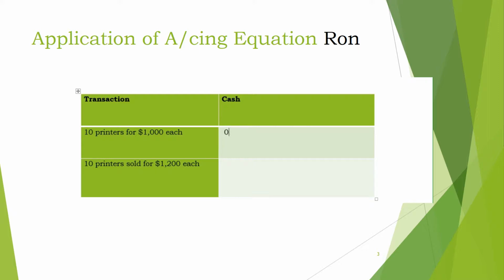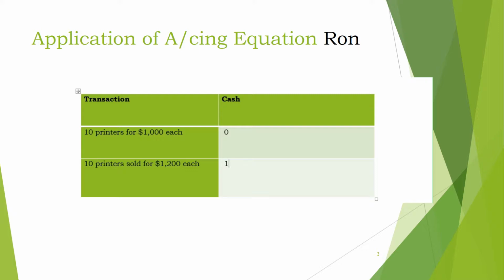Obviously, when you come to do the balance sheet at the end of February, when he's paid for them, at that point his cash will go down. But if we're just looking at January, the movement in the cash will be 0 with respect to the purchase of those printers. Now, he sold them. I haven't got the slide in front of me, but from memory, we were told that he sold them straight away, and he sold them for cash.